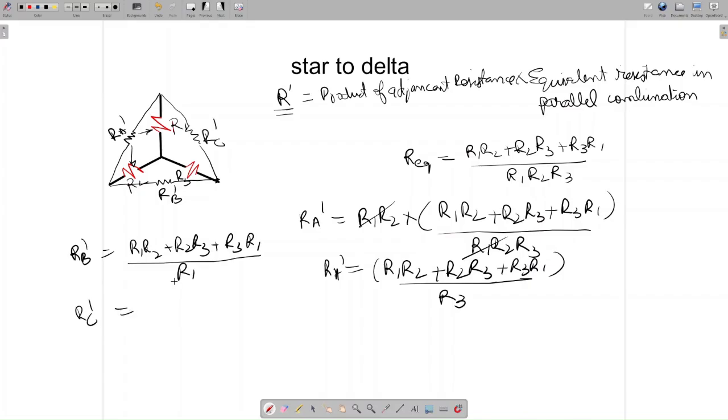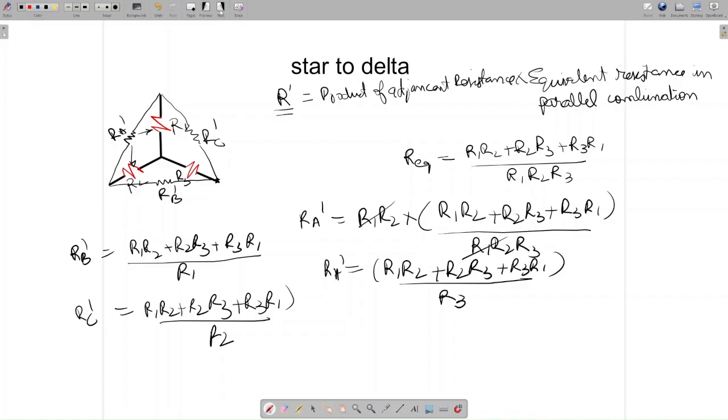RC dash will be equal to R1 R2 plus R2 R3 plus R3 R1 divided by the opposite resistance, which is R2. So we have found the star to delta transformation.